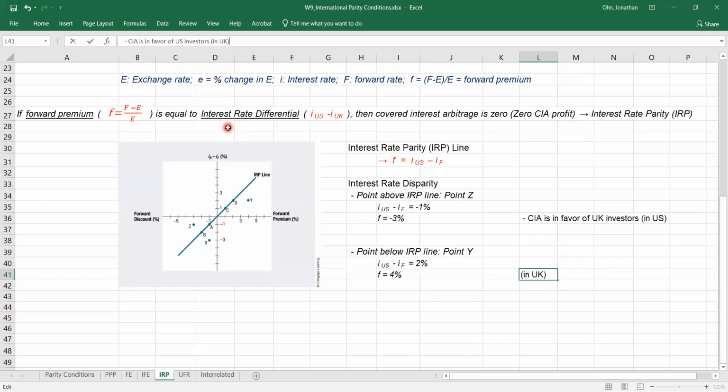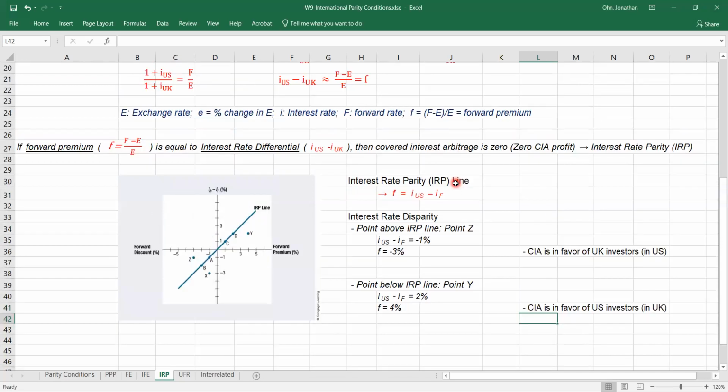That means US investors will move their capital to the UK and invest there with a forward contract. Then they will enjoy the covered interest arbitrage profit. As more people do this, the arbitrage opportunity will narrow and then disappear. Does that make sense? All right.